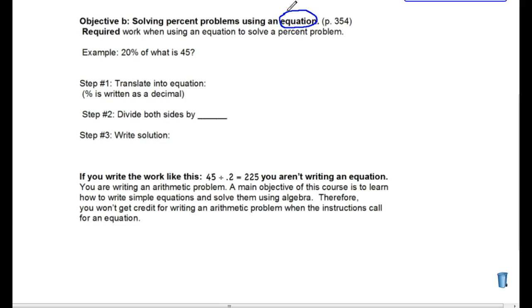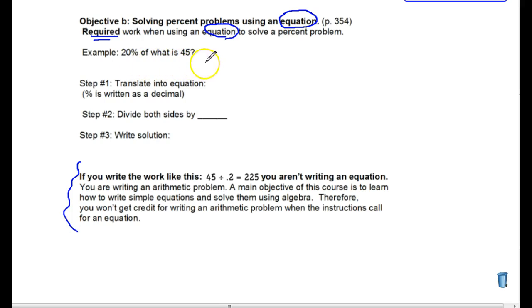Their examples are very clear and well done. They label the amount and the base for each one. Okay, so let's take a look at this one. Our example. Also notice this is the required work when you're using an equation to solve a percent problem. We'll talk about this last statement here in a minute.